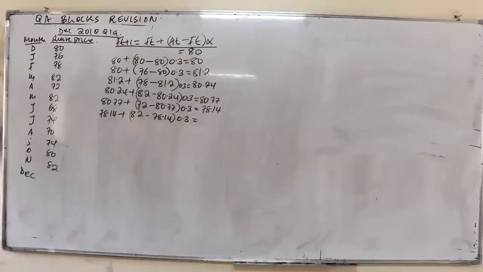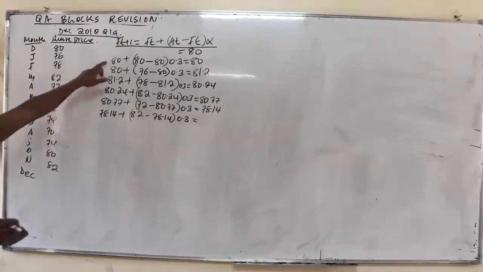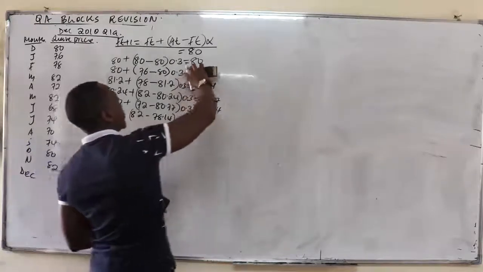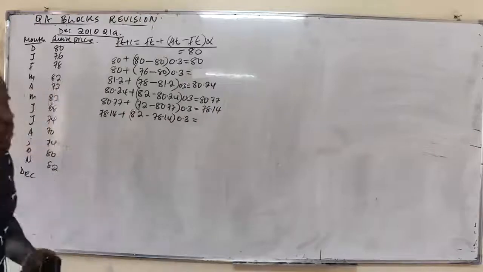The first one, the second one, this one. That one is okay. Actually, this one is wrong. You're not supposed to add 1.2, you're supposed to deduct.